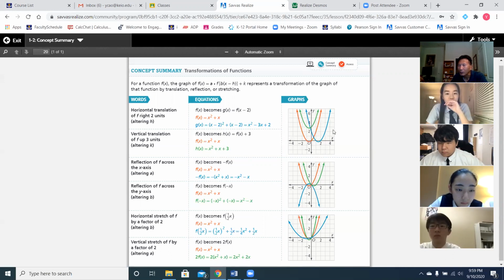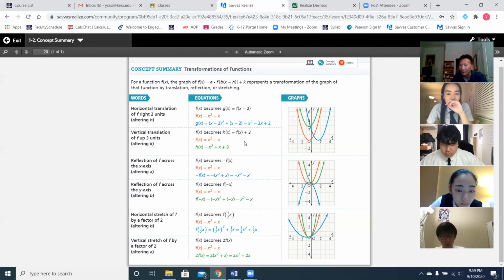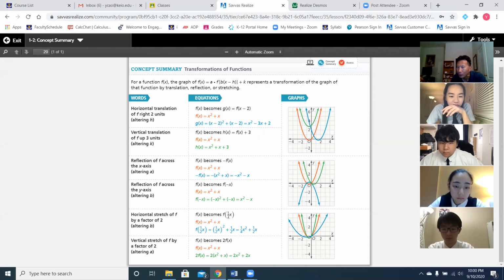Let's talk about horizontal move or vertical move. For a vertical move, you add something inside or outside. Next, add a negative sign in front, outside: you flip over across the x-axis. If you add a negative sign inside, you flip over across the y-axis. Then the next part, putting a number inside: you stretch it horizontally, like 1/3, or this one, 1/2, you stretch it horizontally by a factor of 2.